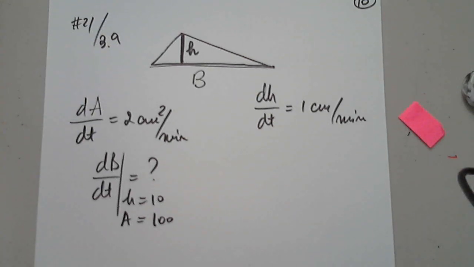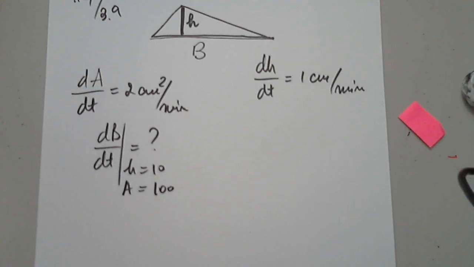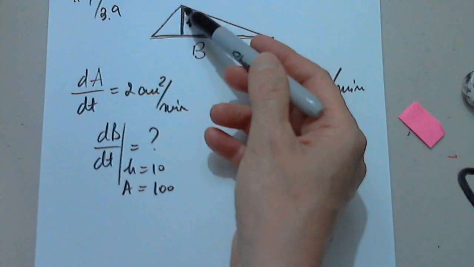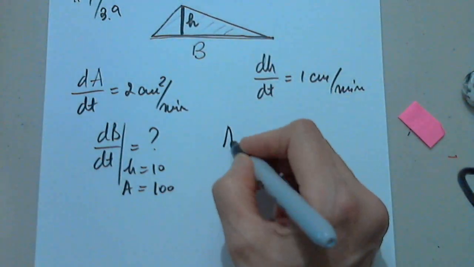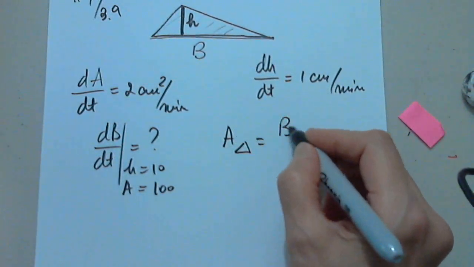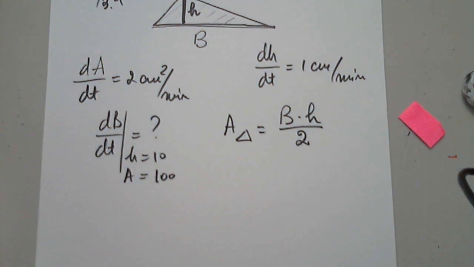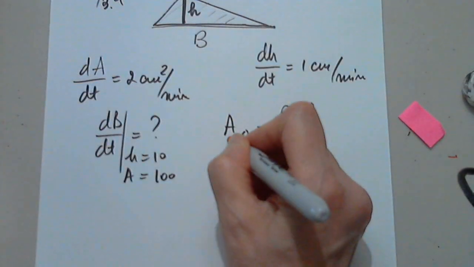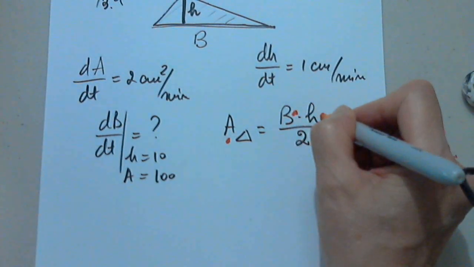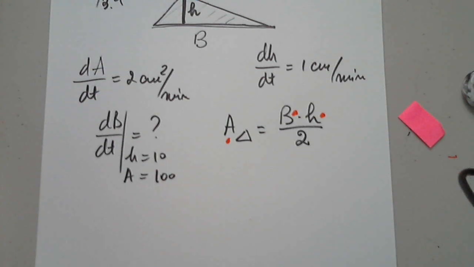Okay. Oh, sorry, I see that. Good. So we know that the area of a triangle is the base times the height divided by 2. Now, again, if this helps you, remember that all these are functions of time. Put a little dot next to it so you don't make an error.